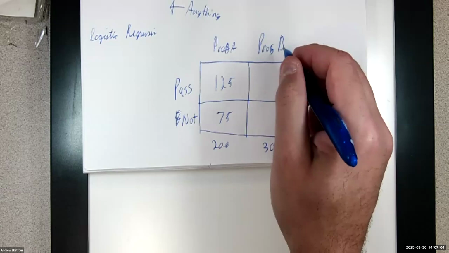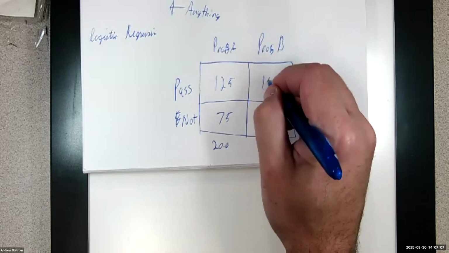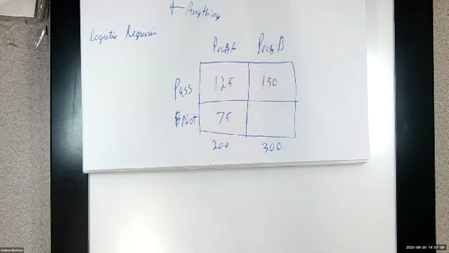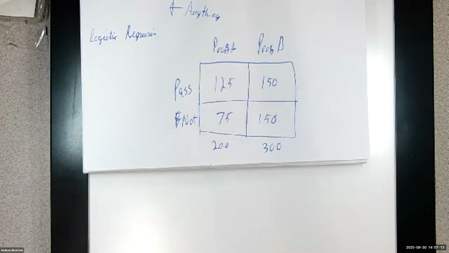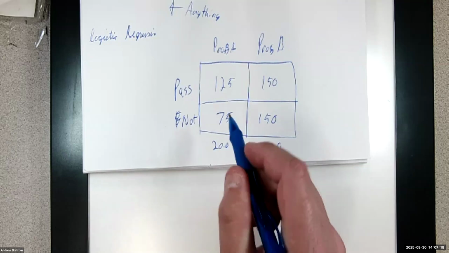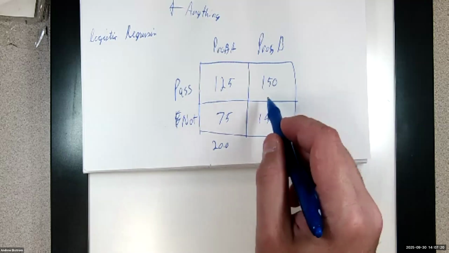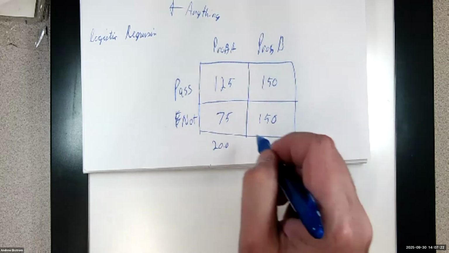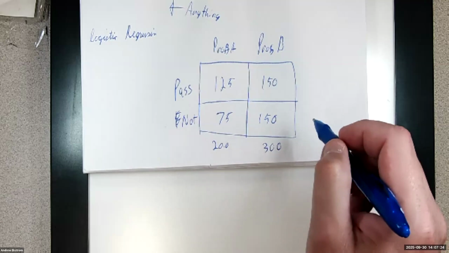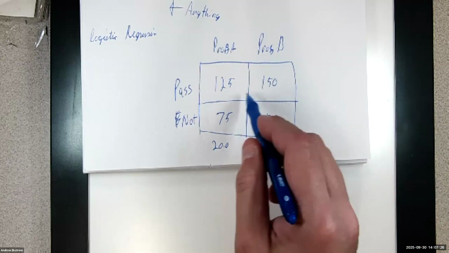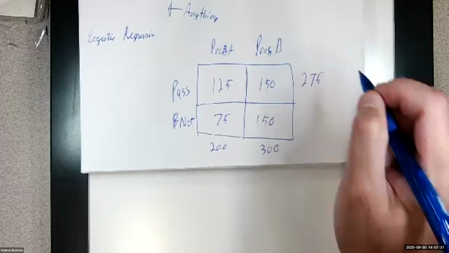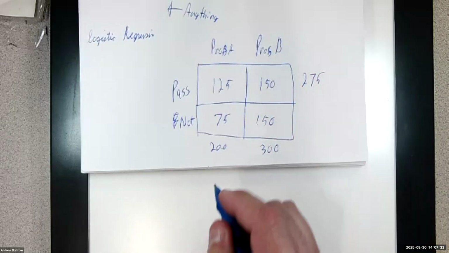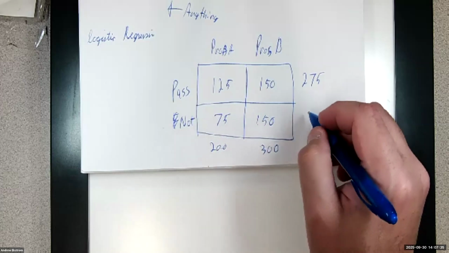We can say, I don't know, let's say 150 of Professor B's students passed, which would mean that 150 of Professor B's students did not. And then we get to add these things up. So we have to have column totals and row totals. So in this case, 125 plus 150, 275, 75 and 150.